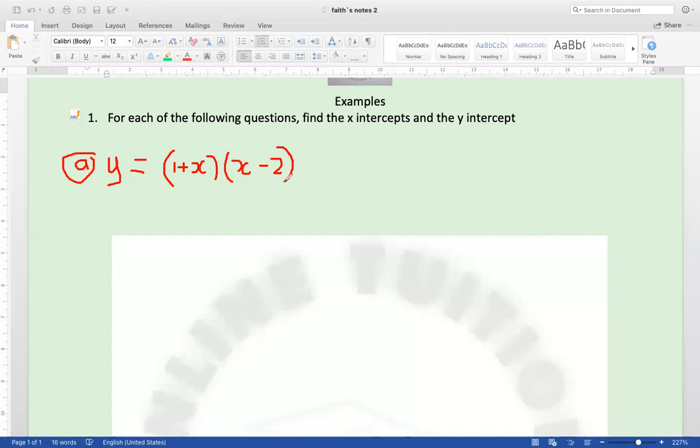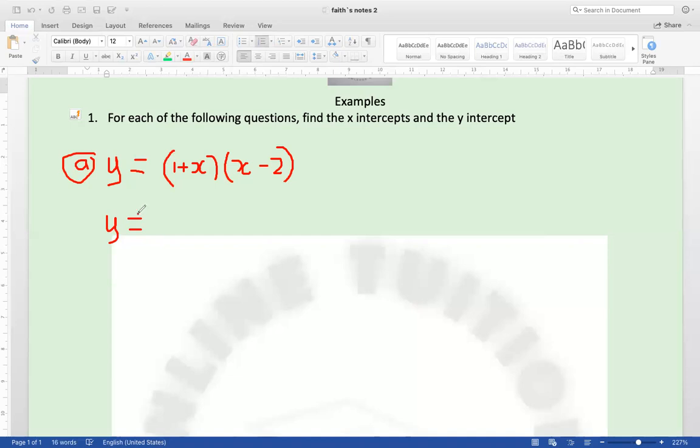That's the difference. So here, how do we find the y-intercept? Remember, we're saying along the y-axis, the value of x is equal to 0.